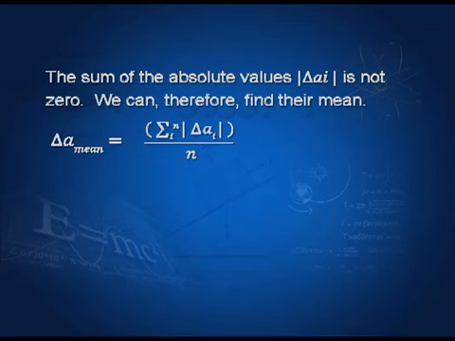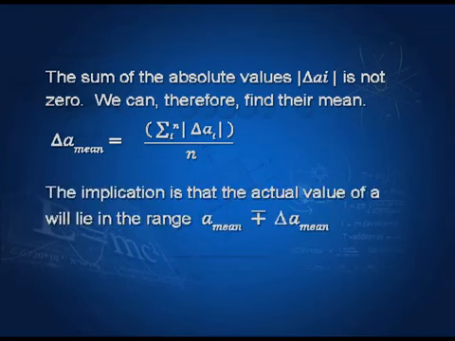Remember, we take absolute values of delta A i, which are all positive. Now, what is the implication of this? The implication is that the actual value of A will lie in the range A mean plus minus delta A mean. So, delta A mean determines the range around A mean within which the actual value lies.